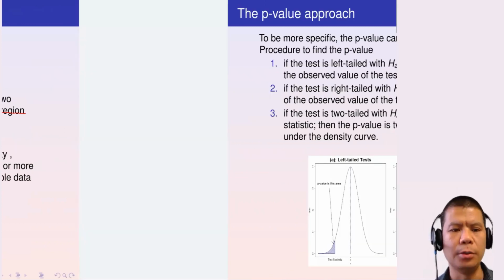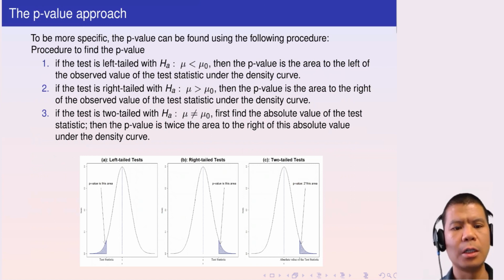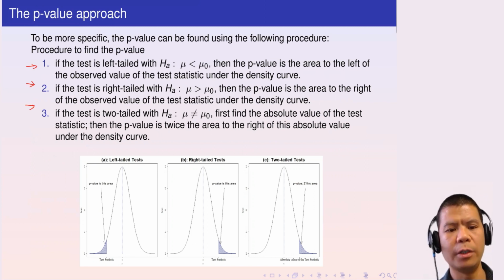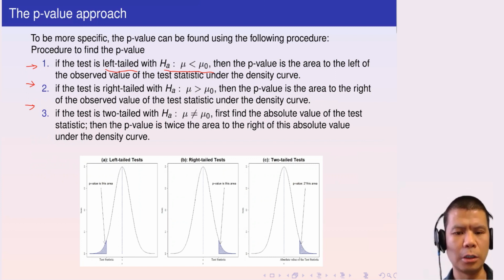Now the p-value, to be more specific, we separate it into three parts. For three types of hypothesis testing, we have these three ways to find it. One, if it is left-tailed, with the alternative less than mu0, the p-value is the area to the left of the observed value of the test statistic under the density curve.